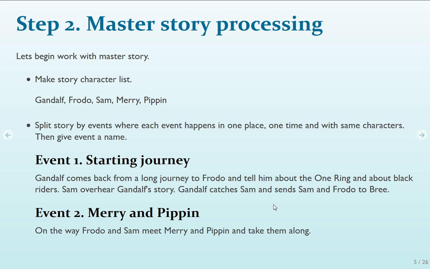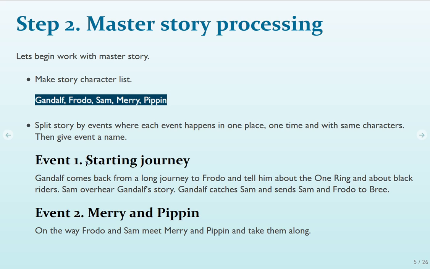Master story processing. In this step we need to make a character list. In our story there are 5 characters, and we need to split the story by events, where each event happens in one place, one time, and with the same characters. There are 2 events in our story right now.